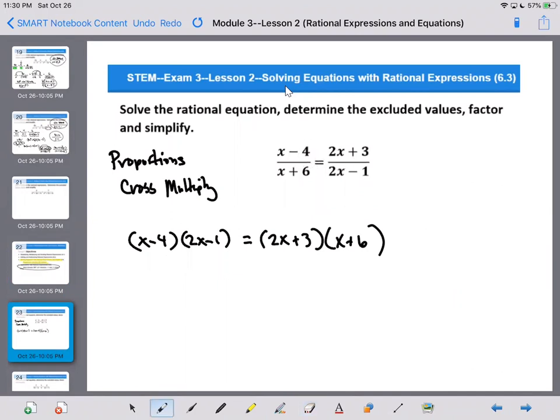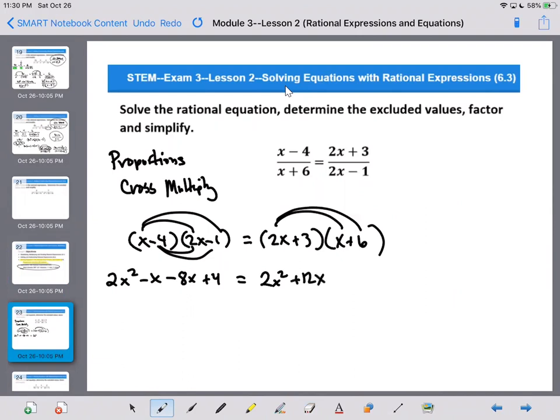So we're just going to multiply these out. That's going to be 2x squared, negative x, negative 8x, positive 4. This is going to be 2x squared and 12x and 3x and 18.